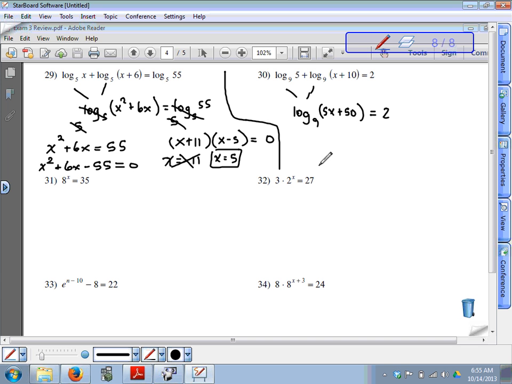Now we have to use a base of 9 on both sides. So 5x plus 50 is equal to 9 squared, which is 81. Subtract 50 on both sides. We get 5x equals 31, divide by 5, and then we have x equals 31 fifths.